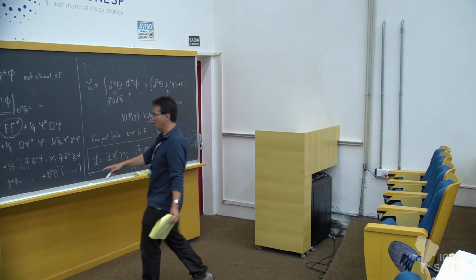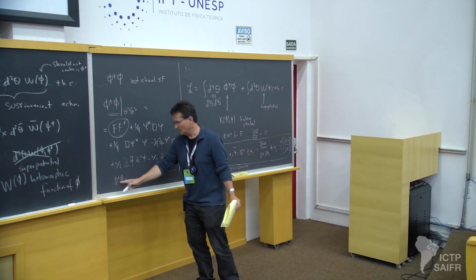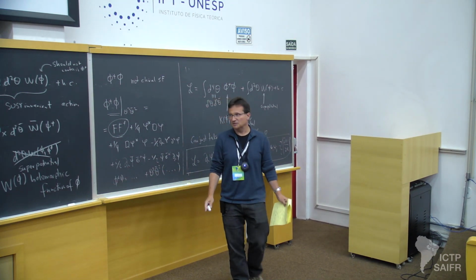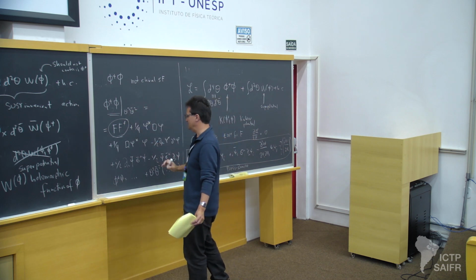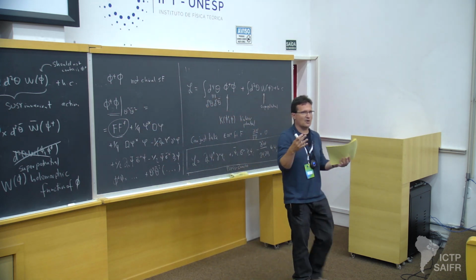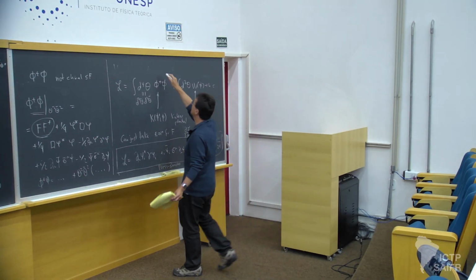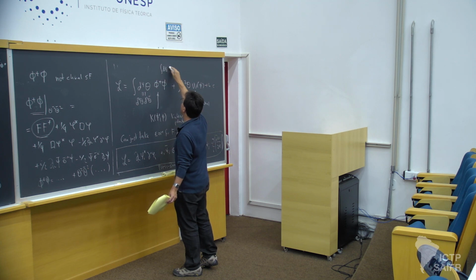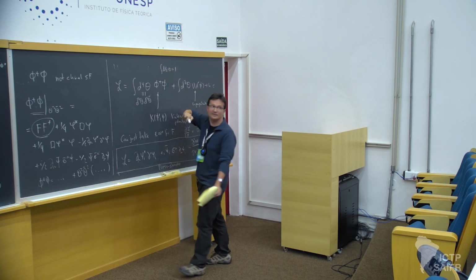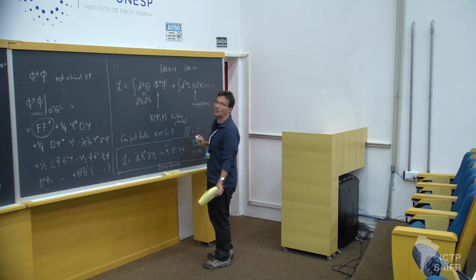So let me pick out this term from the product of phi dagger phi. One way to say it is I'm just picking it out, but the rules of Grassmann integration you're probably familiar with from fermionic path integrals. So things like integral d theta theta is equal to 1, and integral d theta is equal to 0.